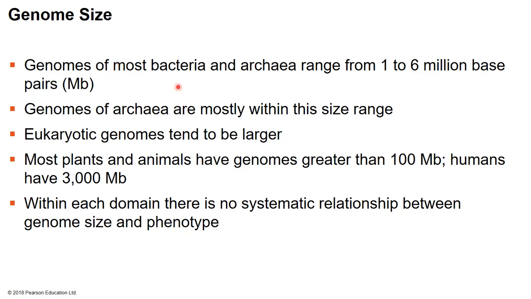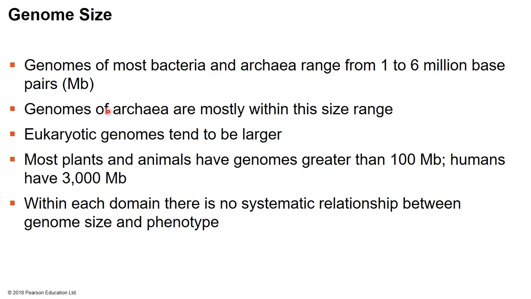The genome size varies from a couple of thousands of nucleotides to billions of nucleotides. For example, most bacteria have a genome size that ranges between 1 to 6 million bases.